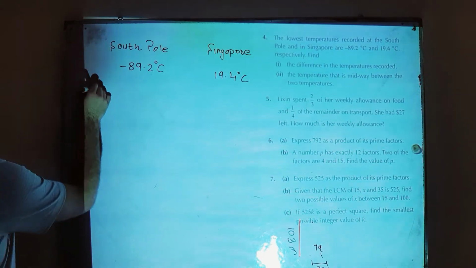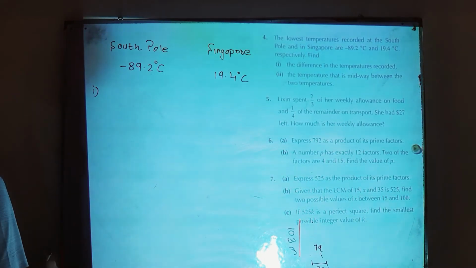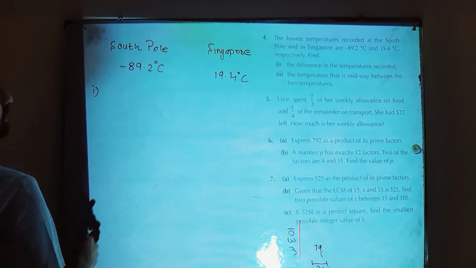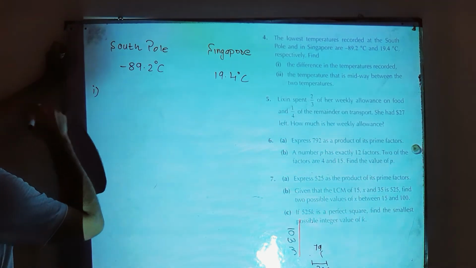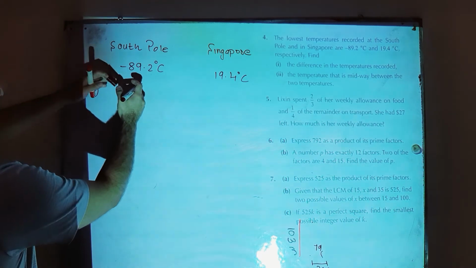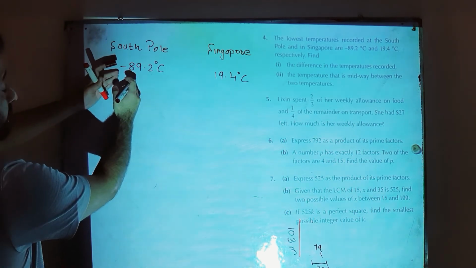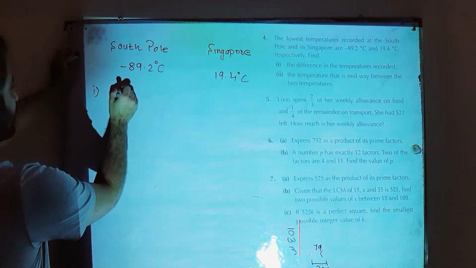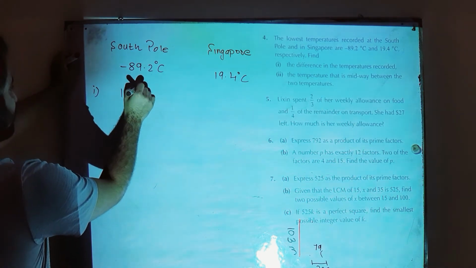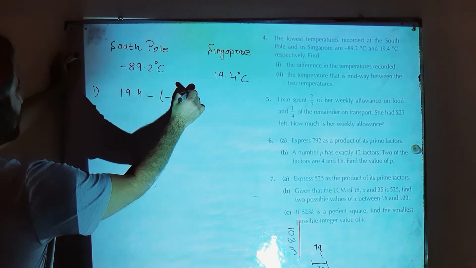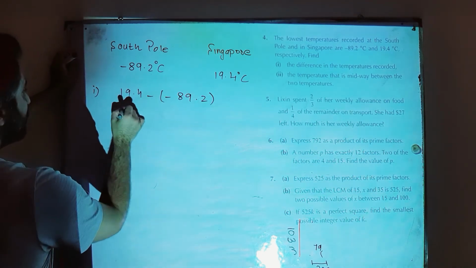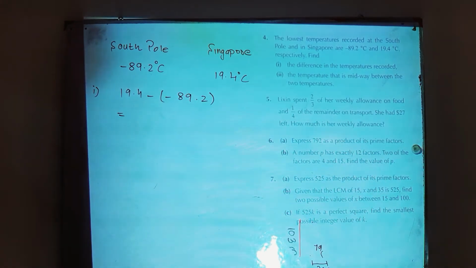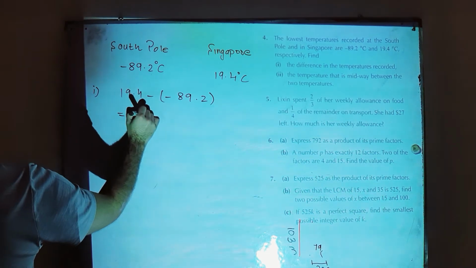In part 1, they have asked you to find the difference in the temperatures recorded. The difference from minus 89.2 to 19.4: you can find that by 19.4 minus minus 89.2. So your answer will be 108.6 degrees centigrade.